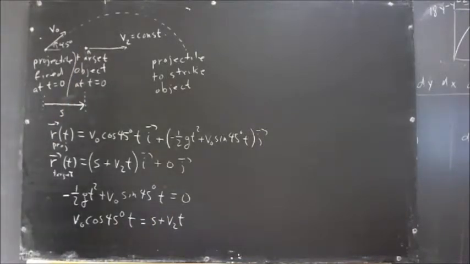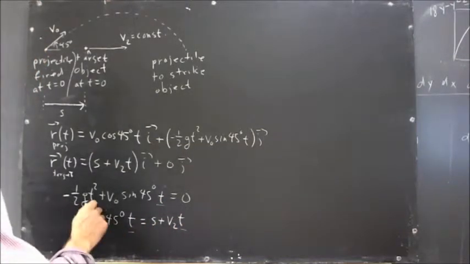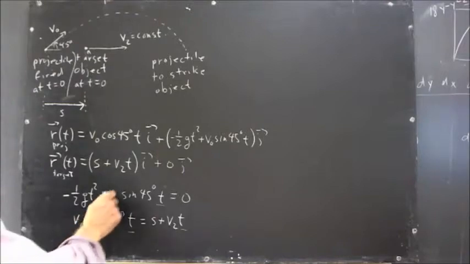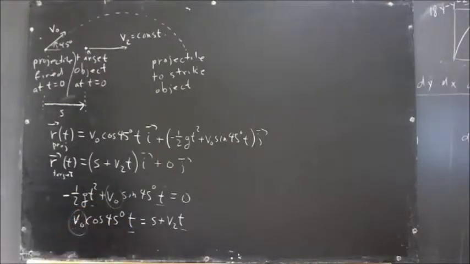So now we have two equations in the two unknowns, t, which appears here, here, here, and here, and v naught, which is here and here. All the other parameters are presumed to be known, so it becomes straightforward to solve.